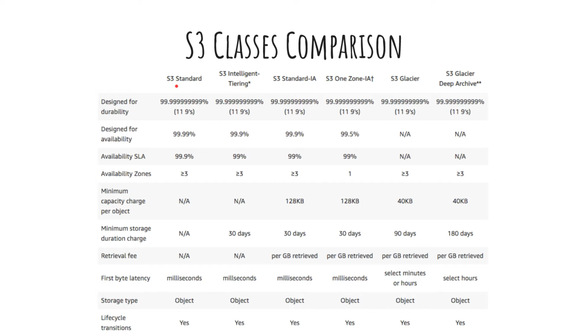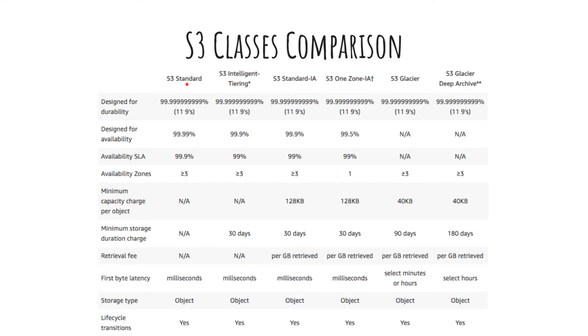I told you that this is the most expensive one, but the most available and durable one, and actually the best one because it has the 99.9% availability SLA and it is across 3 availability zones. There is no minimum capacity charge per object for it, and no minimum storage duration charge. There is no retrieval fee, and the latency is pretty good. So this is the best option that we have.